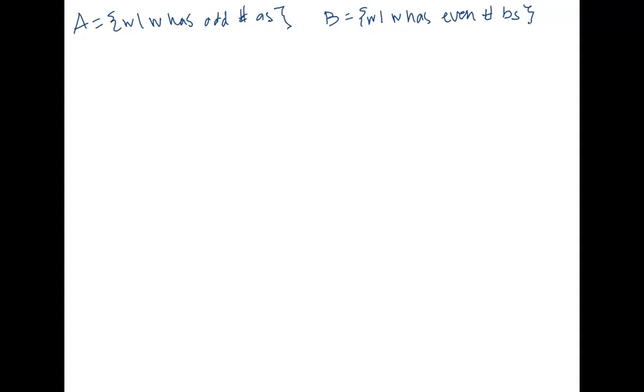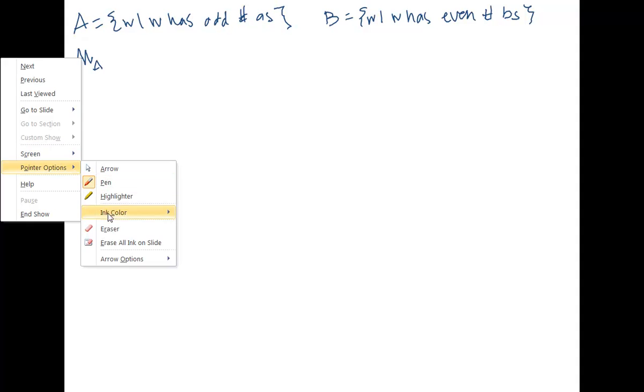Since they are both regular, this means that there is some machine MA.